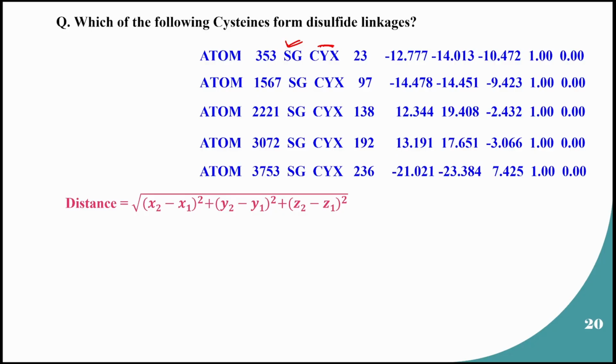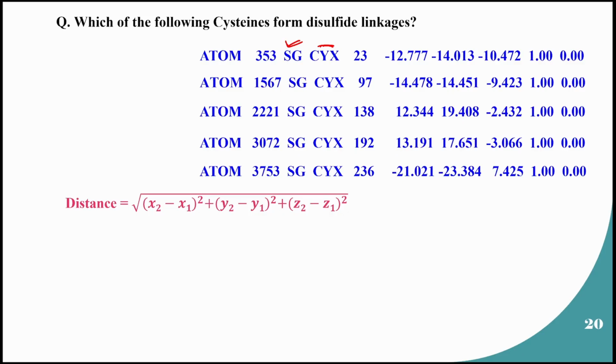But let's say around 2 angstrom, 2.2, 2.3, you can use that for a distance cutoff for a disulfide bond. So just try to calculate some distances here using this formula. It's very simple, just the square root of (x2 minus x1) squared plus (y2 minus y1) squared plus (z2 minus z1) squared.